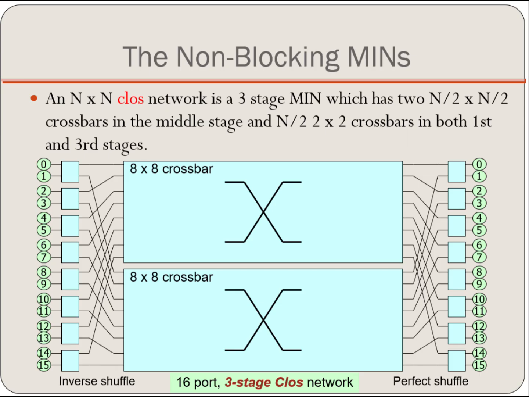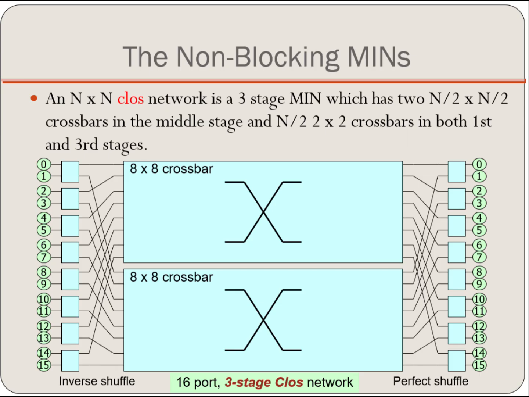So remember, this is equivalent to an n by n crossbar, and here we have n over 2 by n over 2 crossbars. Again, we can replace this crossbar by a smaller 3-stage network. The first stage is the inverse shuffle, the last stage is the perfect shuffle, and in the middle you have two 4x4 crossbars.